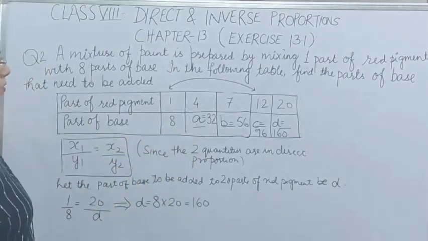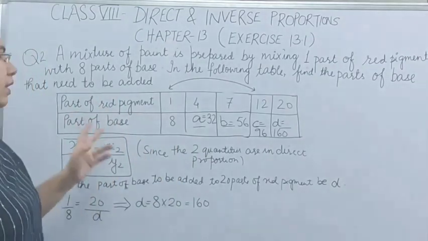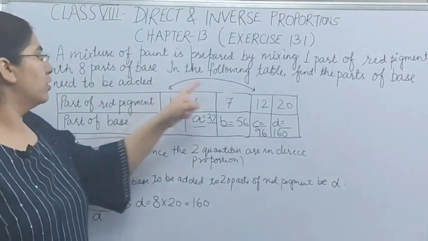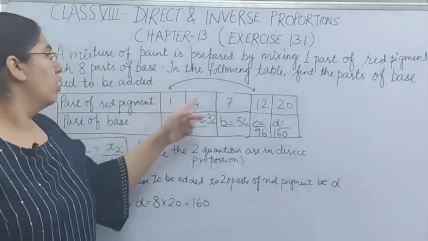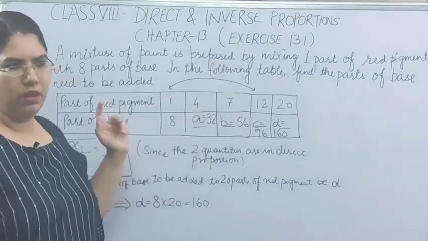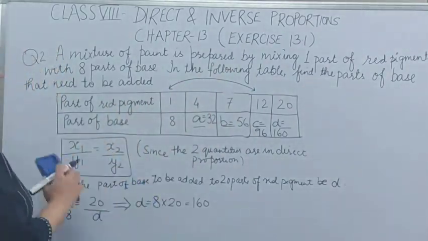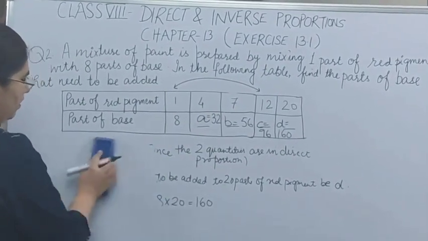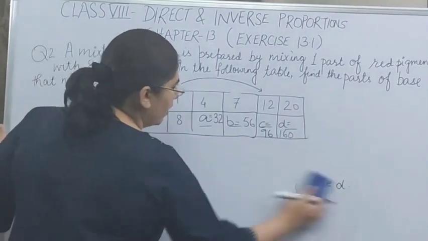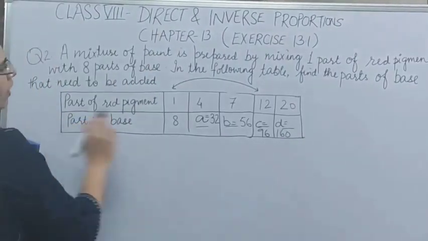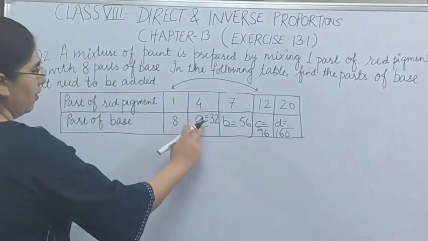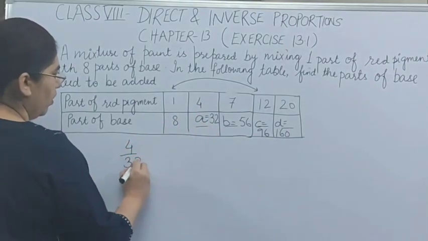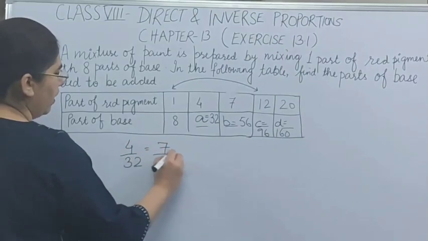Right. Now, just a little thing, you will all be wondering, why have I equated only the first ratio, which is given to us, to the remaining parts? For example, if I have calculated this, can I not use this to say 4 by 32 equals 7 by B?